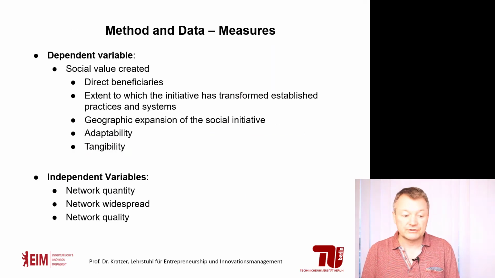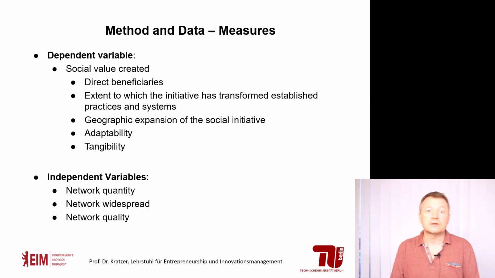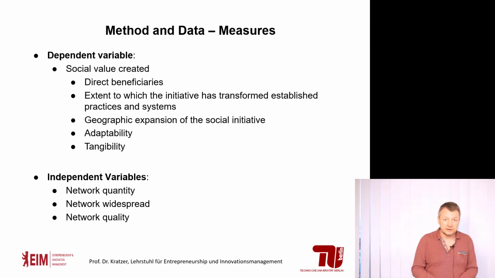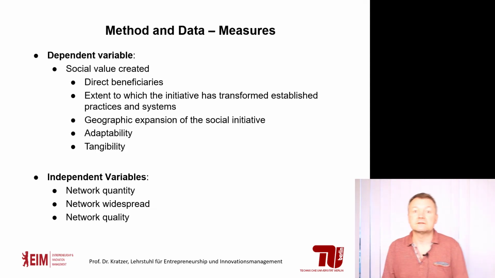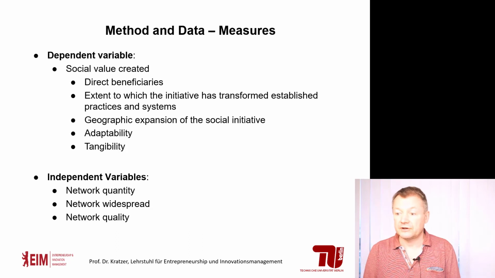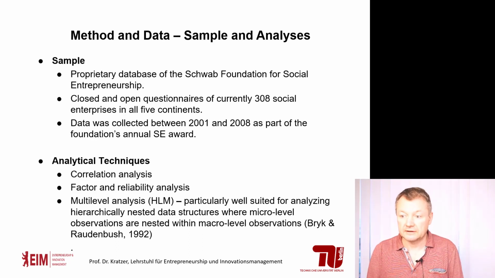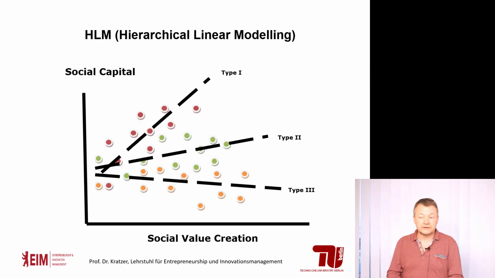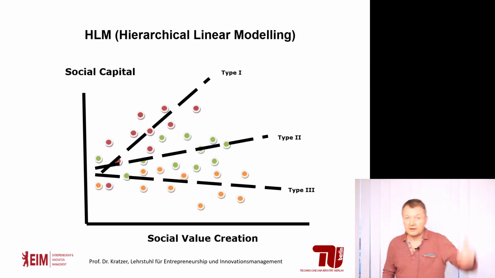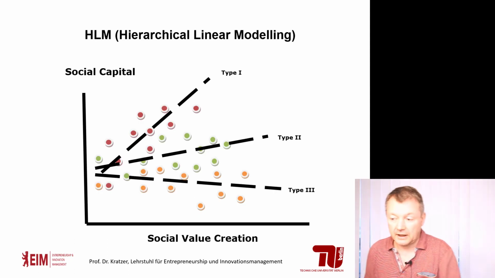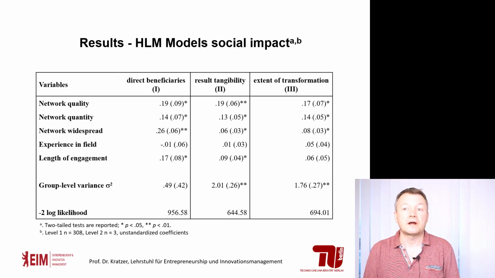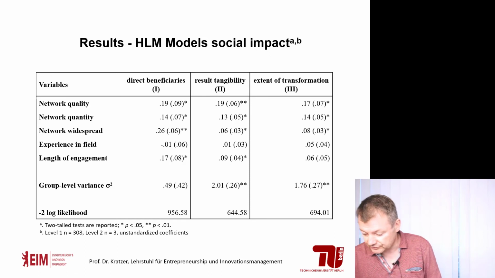And we were measuring, as you have heard often in those lectures here, networks as the independent variable and these outcomes as the dependent variable. We were taking data from Schwab Foundation and using hierarchical linear modeling with the three types, non-profit, hybrid, and profit, and we took a normal HLM regression model.